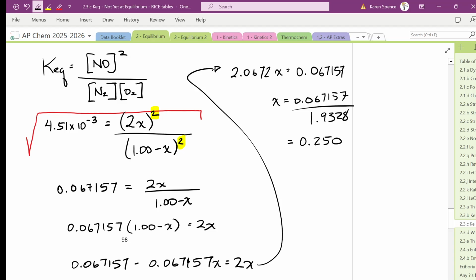I'm going to call it X. 0.325. 0.0325. Did I do that wrong?